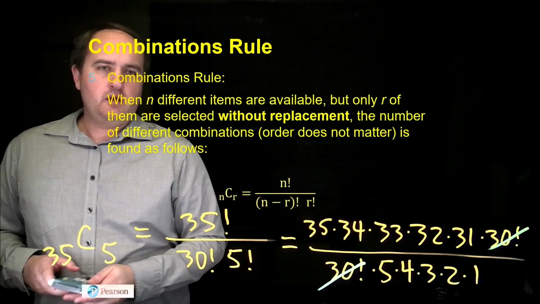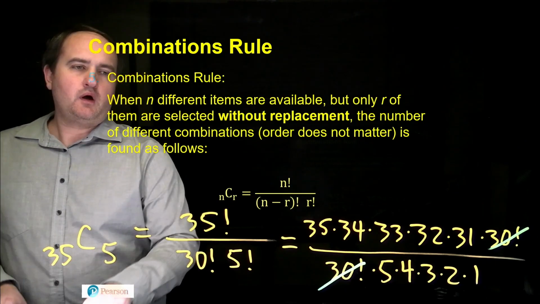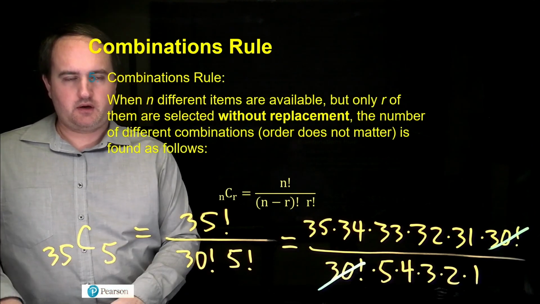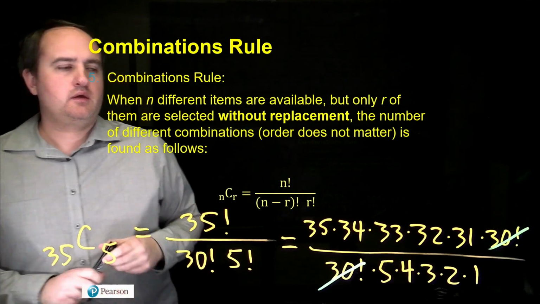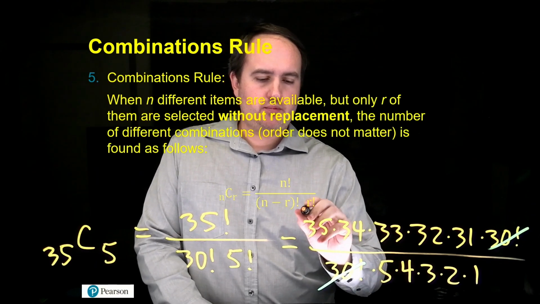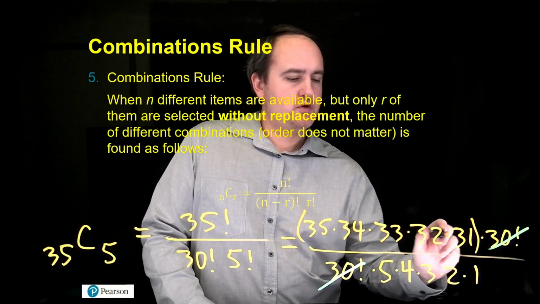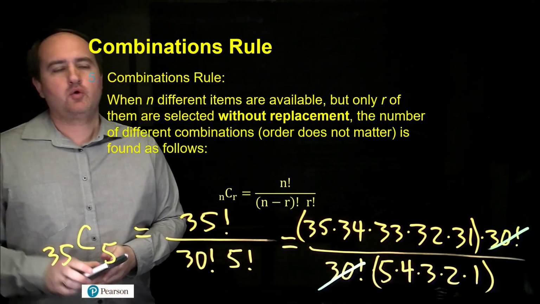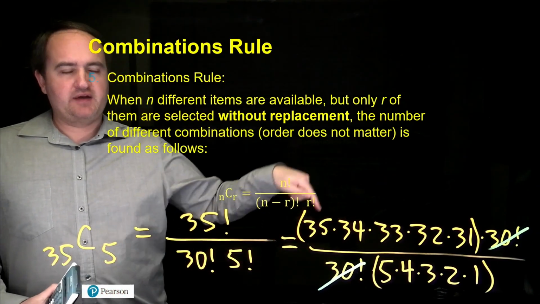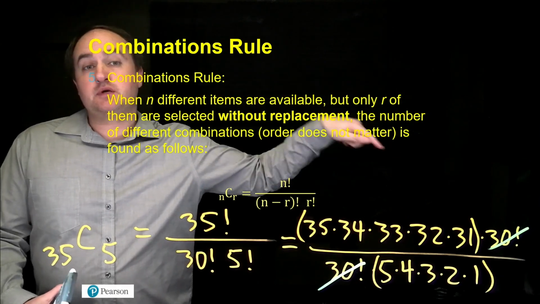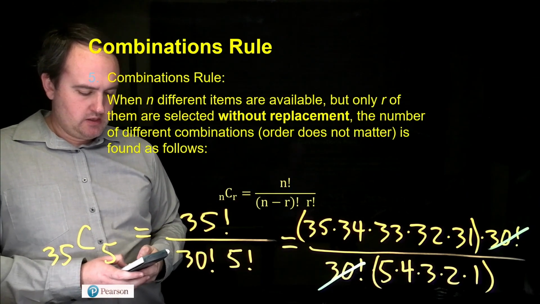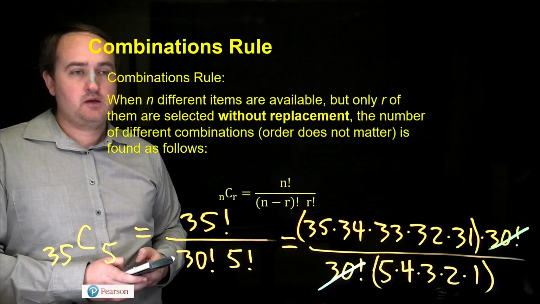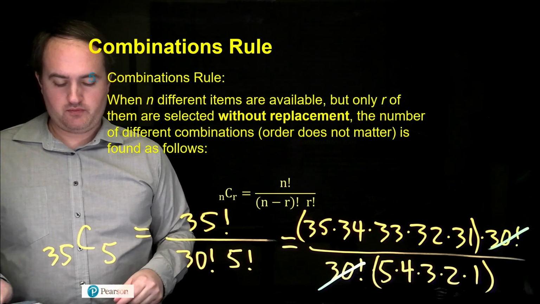All right, and then on any calculator, you should be able to multiply. If your calculator has a parentheses button, we could put parentheses around the numerator and parentheses around the denominator, and then type it in all at once. Or alternately, we can do 35 times 34 times 33 times 32 times 31 on our calculator for the numerator.